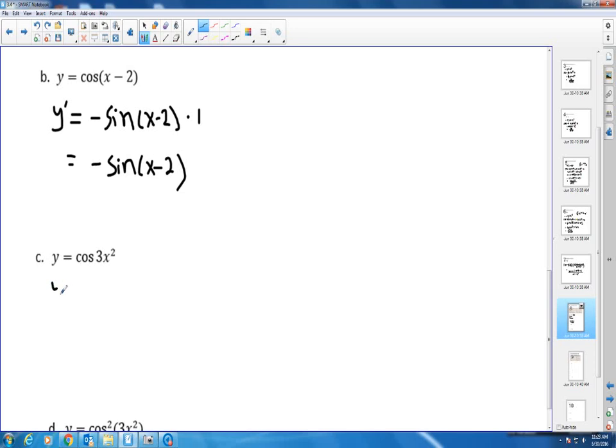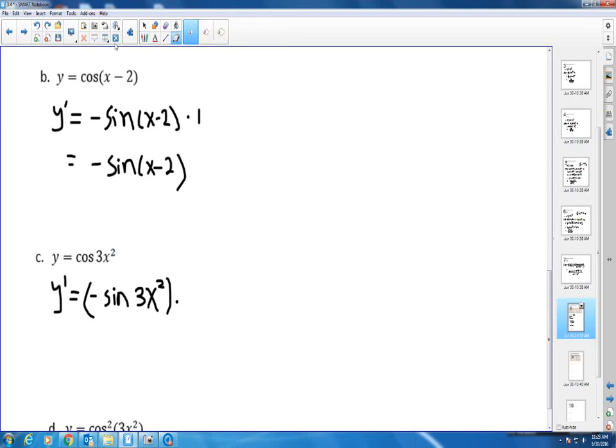The derivative of the outside, cosine, is negative sine, of the inside, times, and I'm going to put this in parentheses so we won't get confused, the derivative of the inside, which is 6x.